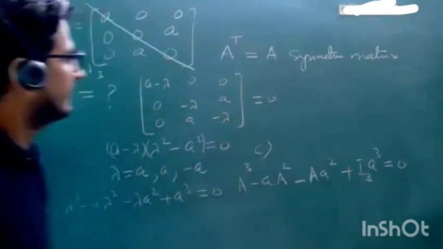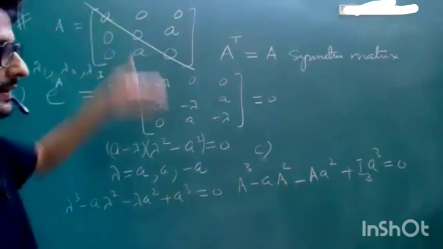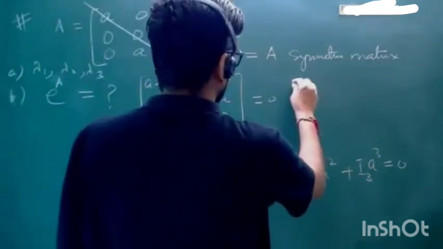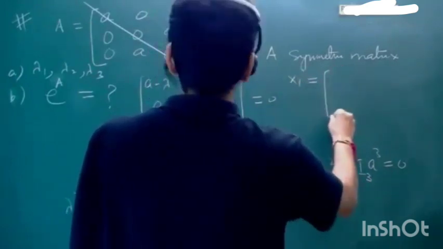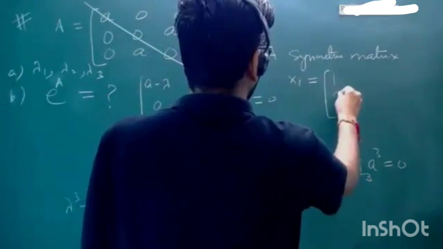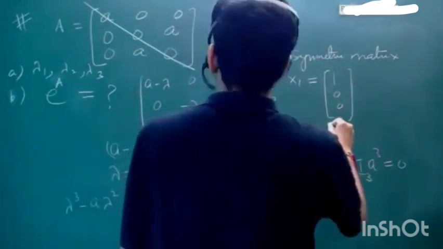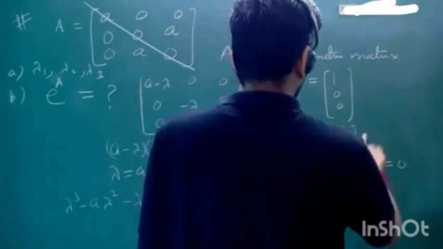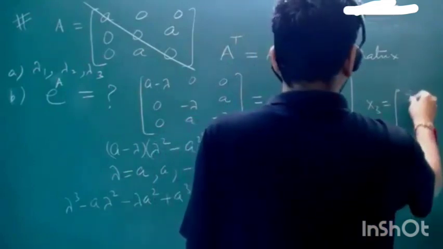So, symmetric matrix. I was saying that if I calculate the eigenvectors from this matrix, I can write x1 is equal to 1 0 0, and x2 is equal to 0 0 1, and x3 is equal to 0 1 0.